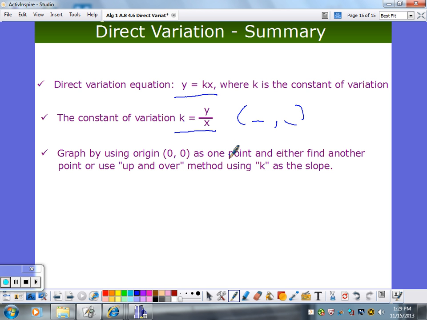I'm trying to think of another example of things varying directly. Let's do this. I don't know if it's going to work, so let's try it. The taxi. The cost of your taxi ride varies directly with the miles you travel.